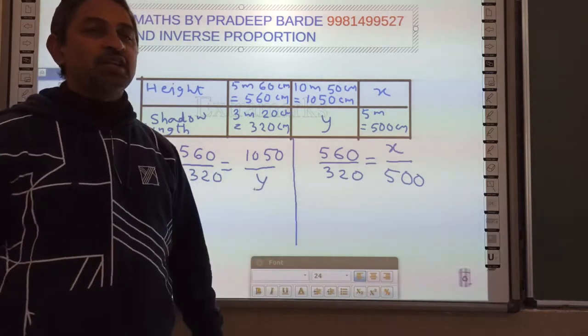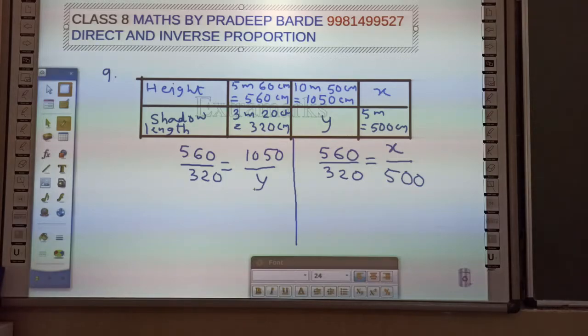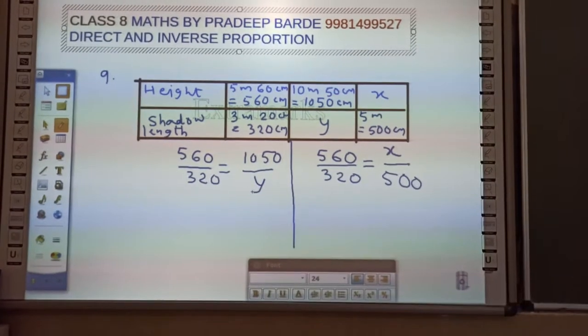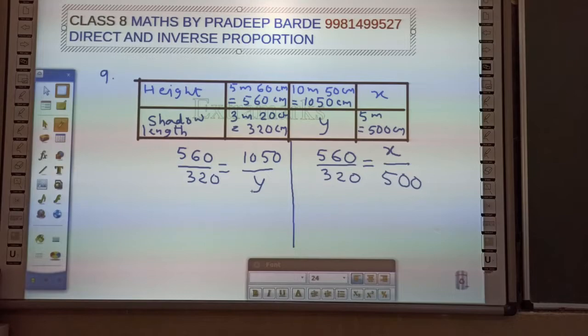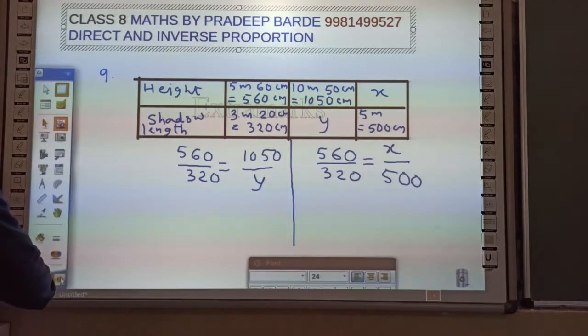Solving this will get the values of x and y, and that will give you the length of the shadow of the 10 meter 50 centimeter high pole, and also the height of the pole when the length of the shadow is 5 meters. Okay, next question then.